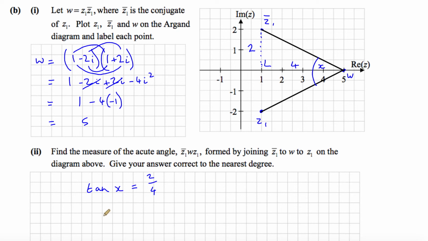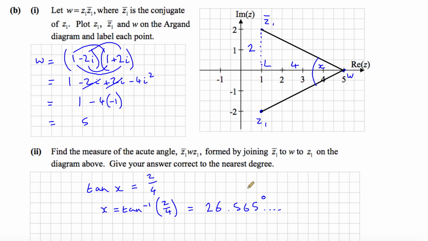So if the tan of the angle X is 2 over 4, well then the angle X is the inverse tan of 2 over 4. And the inverse tan of 2 over 4, do this in our calculator. That gives us 26.565 and so on degrees.